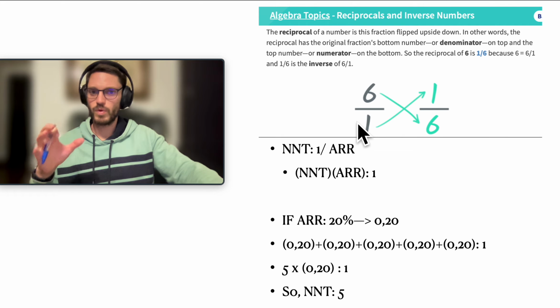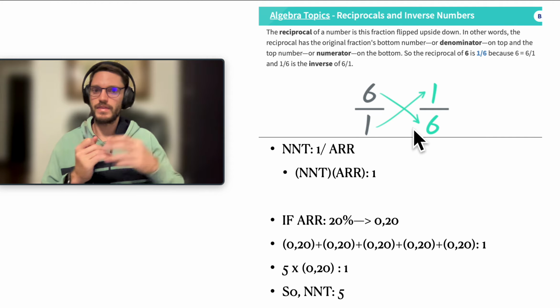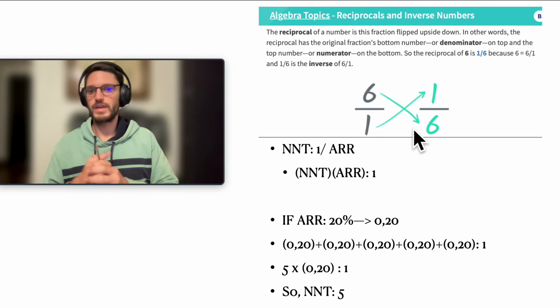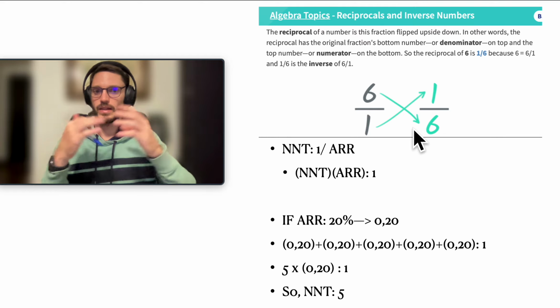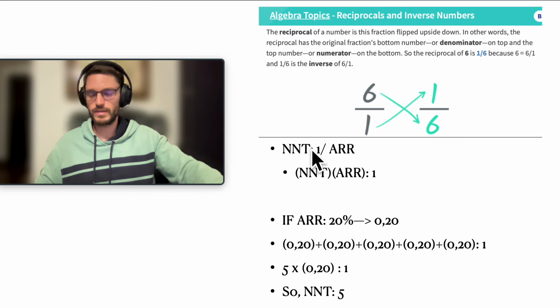So the way we calculate the NNT and the NNH is just using the inverse of the AR or the ARR. So let's try to make sense of this. The NNT, number needed to treat, is equal to 1 over the absolute risk reduction.